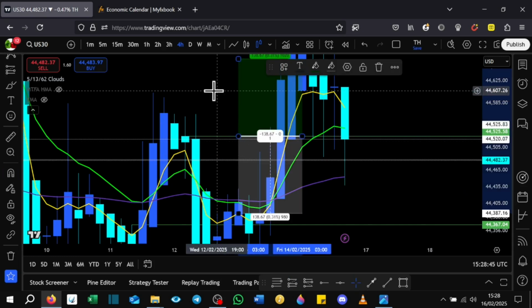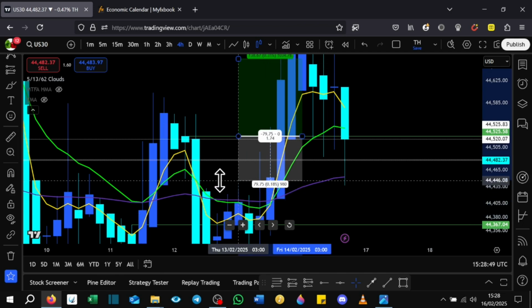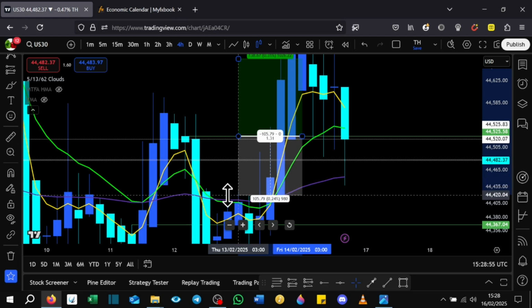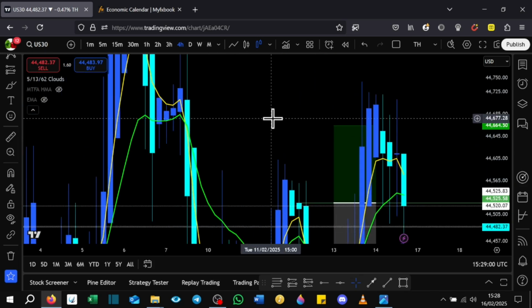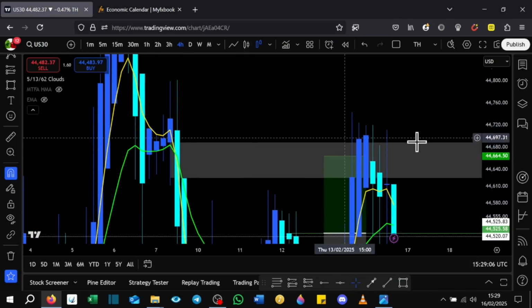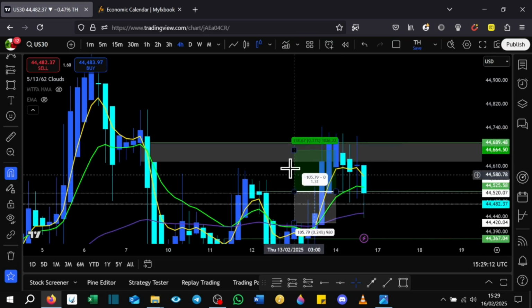So the stop loss would go below that wick, or maybe below where the 62 EMA is, and then the imbalance target would be there, or the institutional candle here as a TP.